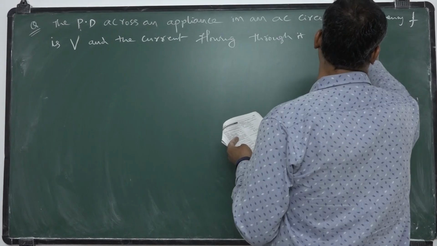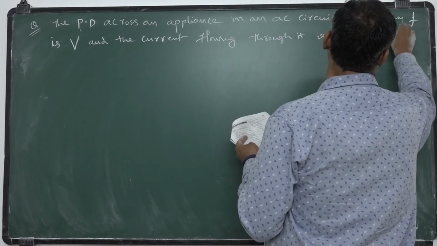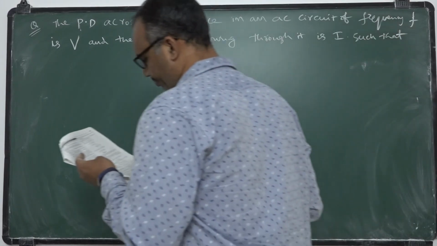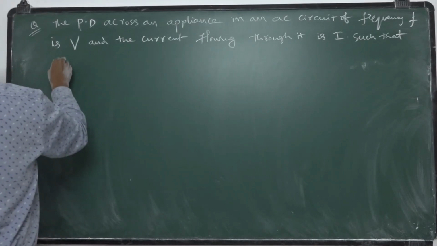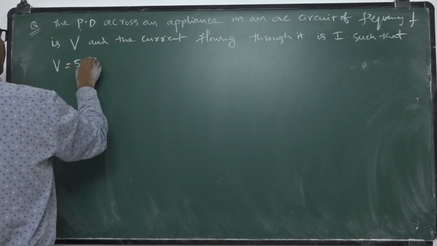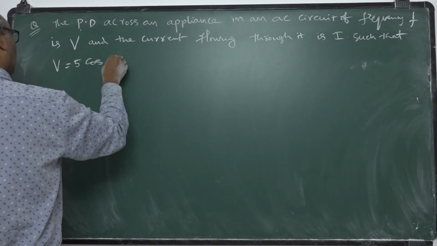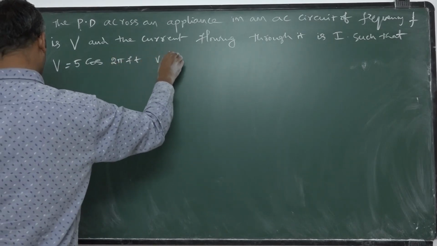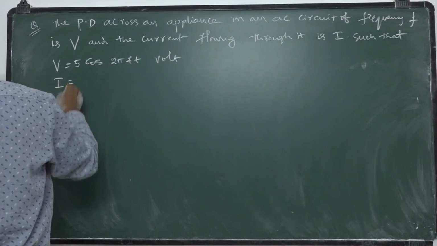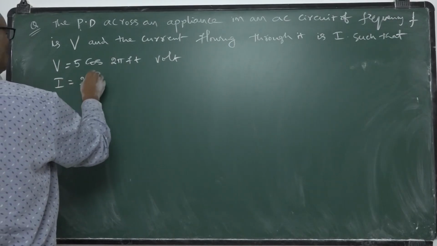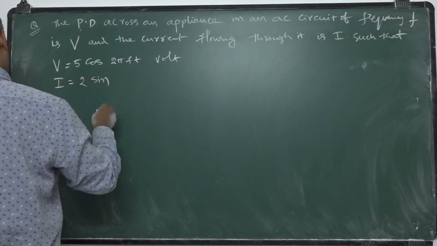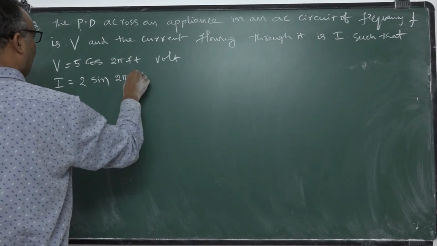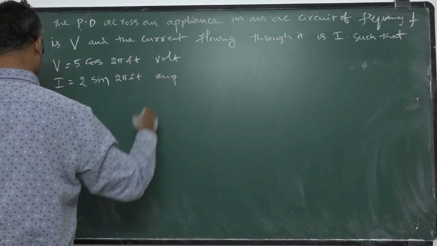Such that V is equal to 5 cos 2 pi f t volts. I is equal to 2 sine 2 pi f t amperes.